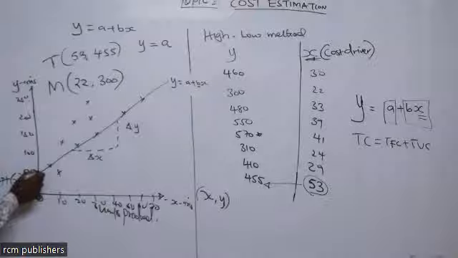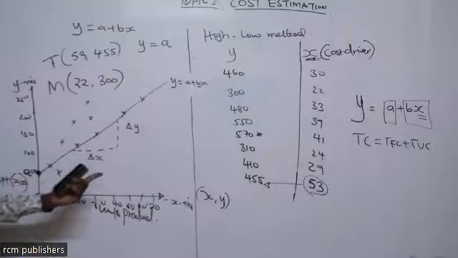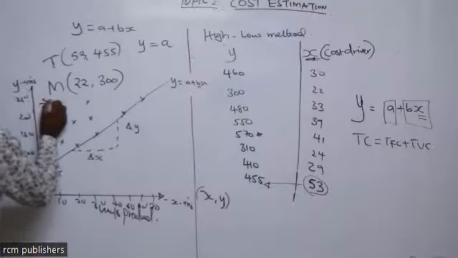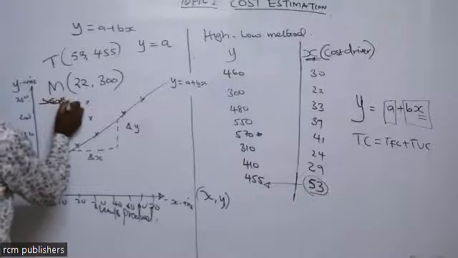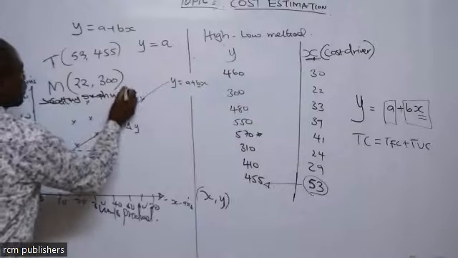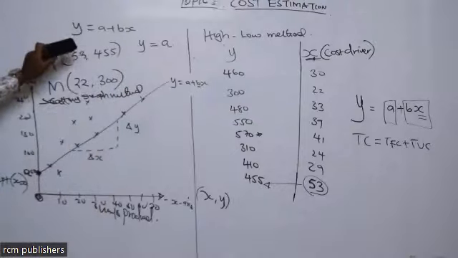So at this point, the y-intercept, when x is equal to 0, that value of y becomes our fixed cost. So this is the concept of what we call the scatter graph method. It is going to help us understand what you're going to do under the high-low method.